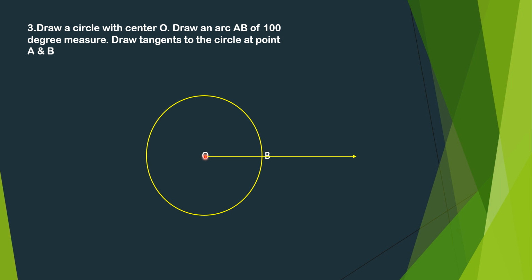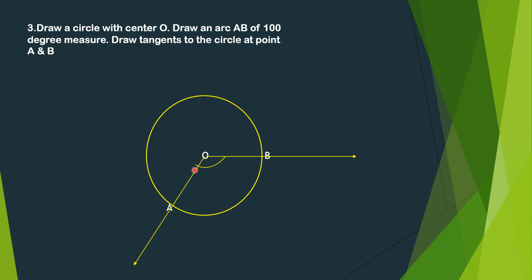With the help of the protractor, adjacent to the 0, measure from this side 10 degree, 20, 30, 40, up to this you will get 100 degree. So this central angle is of measure 100 degree. Then draw a ray and plot the point A here.